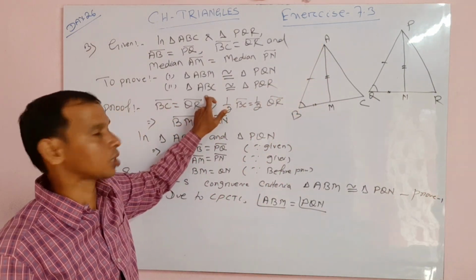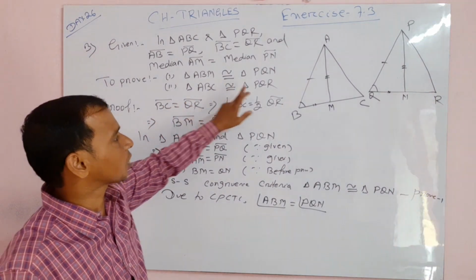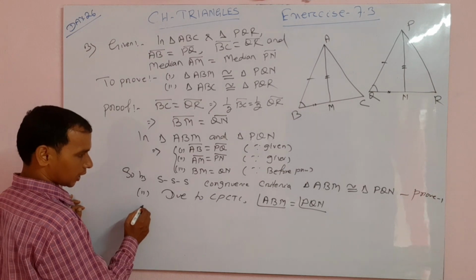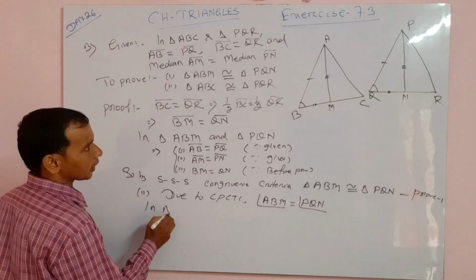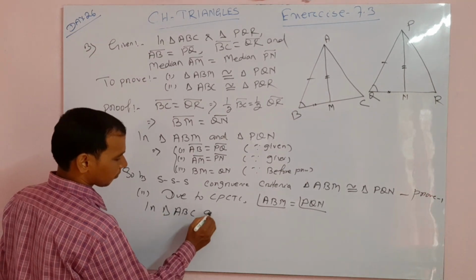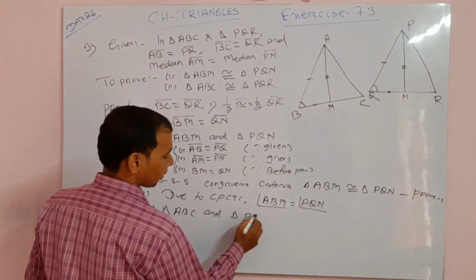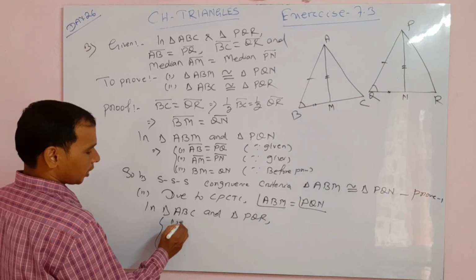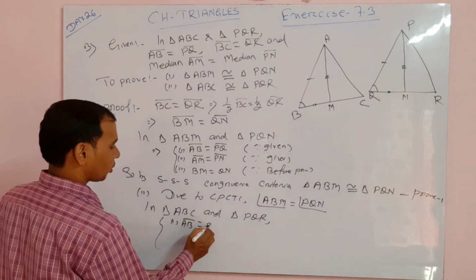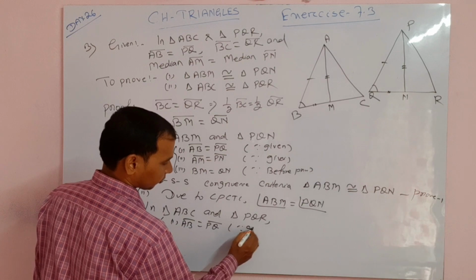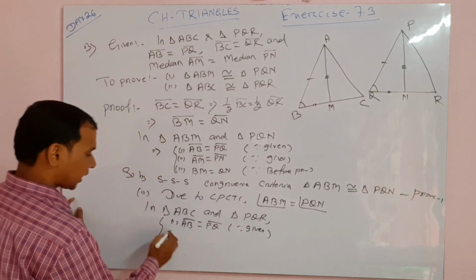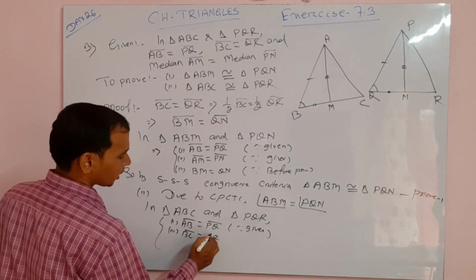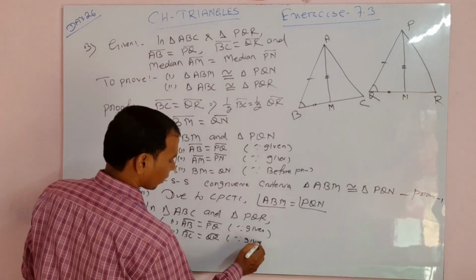Look, our second option is to prove that triangle ABC is congruent with triangle PQR. Okay. So in triangle ABC and triangle PQR, the first option AB is equal with the PQ because given. Second option here BC equal to QR. BC equal to QR also given.